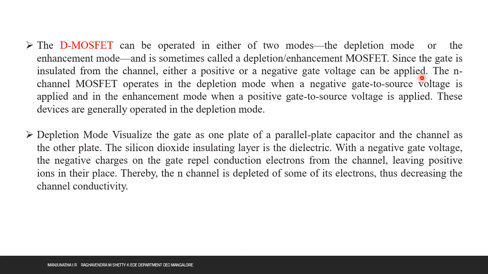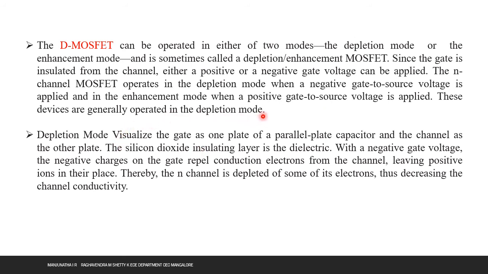For n channel operation, the n channel exists, and for p channel operation, the p channel already exists. The n channel MOSFET operates in the depletion mode when a negative gate to source voltage is applied, and in the enhancement mode when a positive gate to source voltage is applied. These devices are generally operated in the depletion mode.